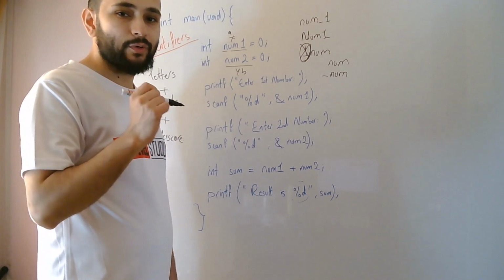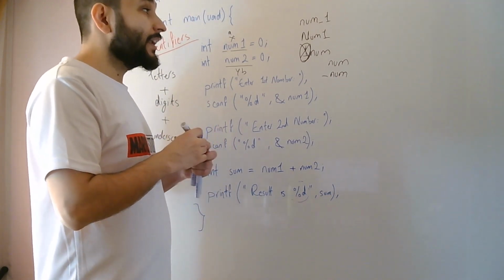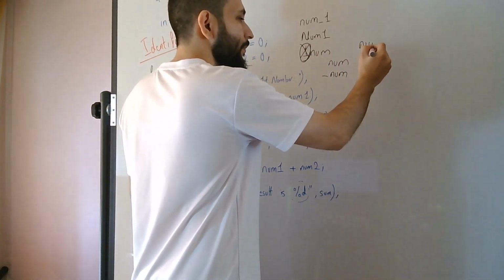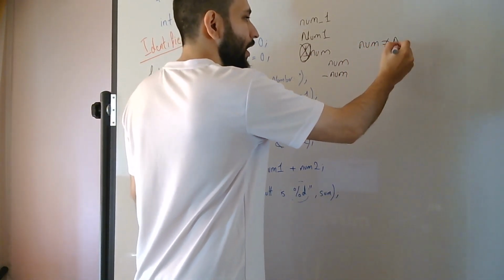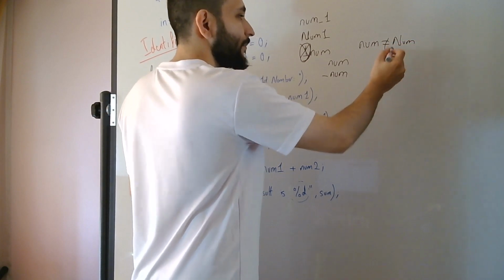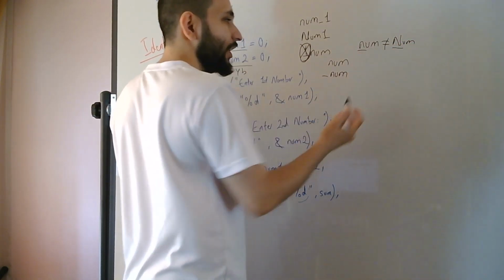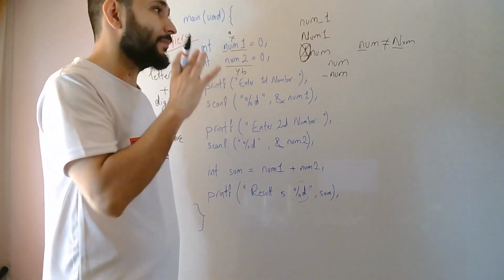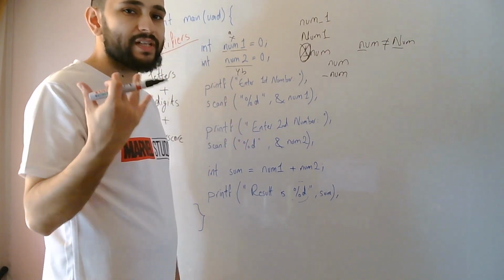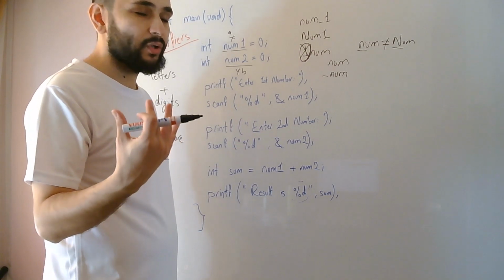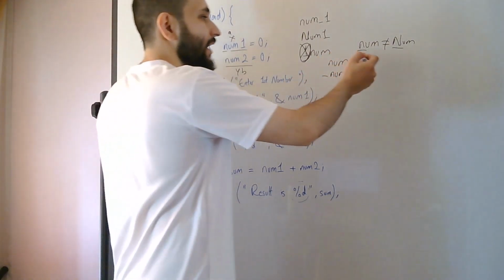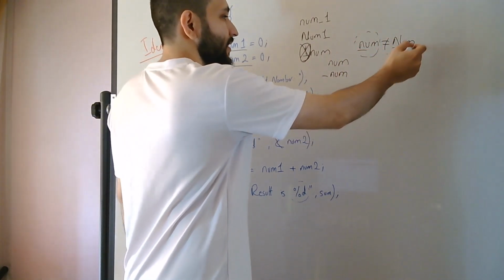Another thing that you have to remember is that identifiers are case sensitive. That means that num is not equal to Num. Because of the differences in case here, these two identifiers are not the same. Later on we will have some examples on my computer, and you will see that the compiler will treat this identifier differently from these identifiers.